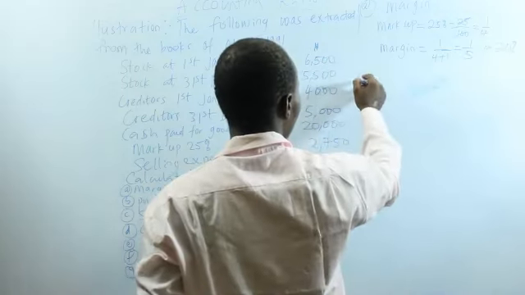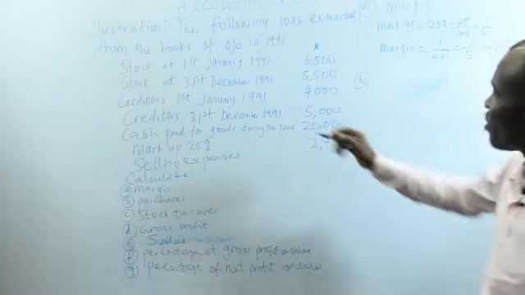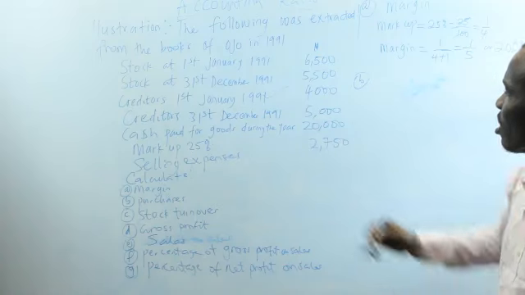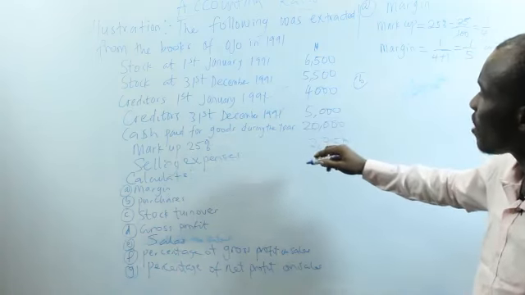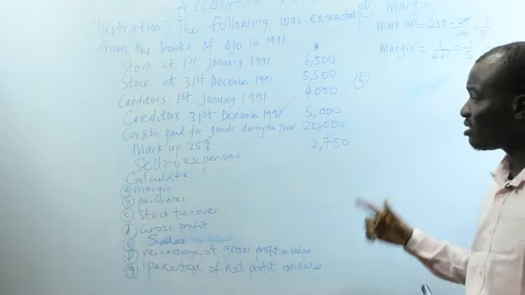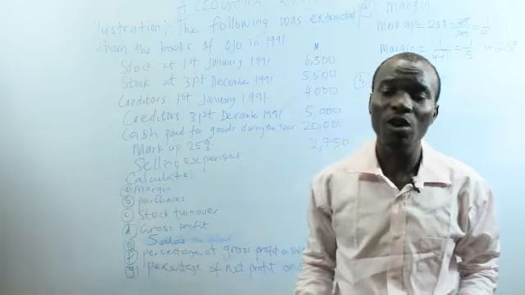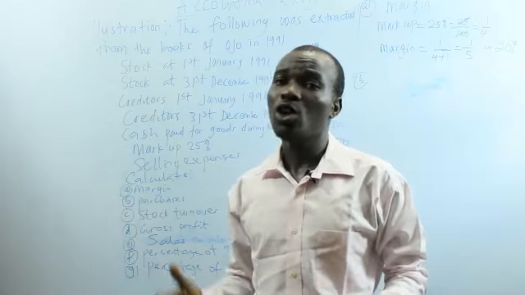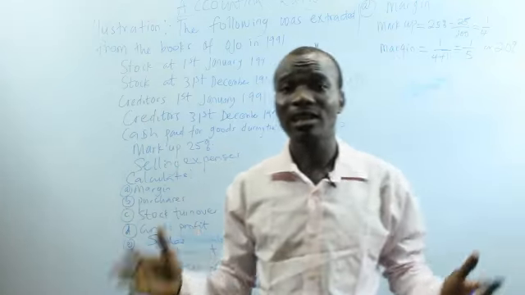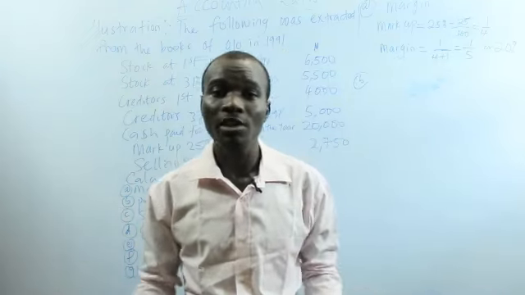Now the next thing, which is B, we are asked to calculate the purchases. We are given the opening balance of creditors, the closing balance of creditors, and the cash paid for the goods during the year. So we can calculate the purchases through the control account we did in the previous class. One of the advantages of the control account, I said in the previous class, is that it is used in calculating a missing figure.